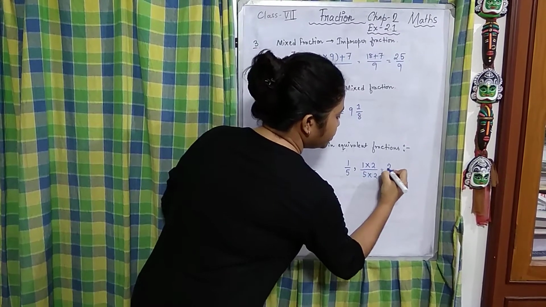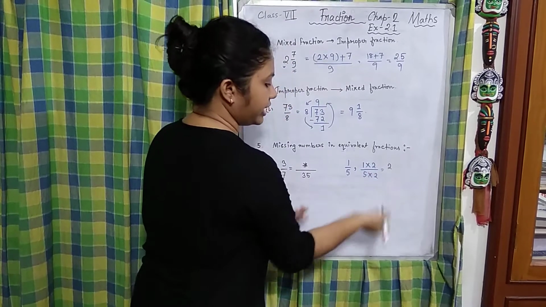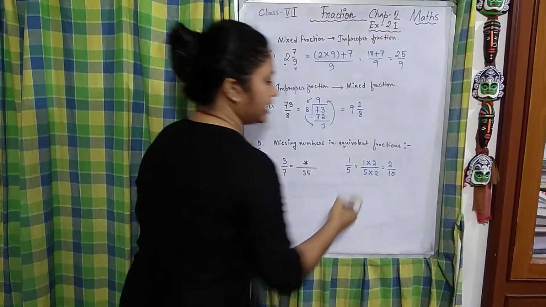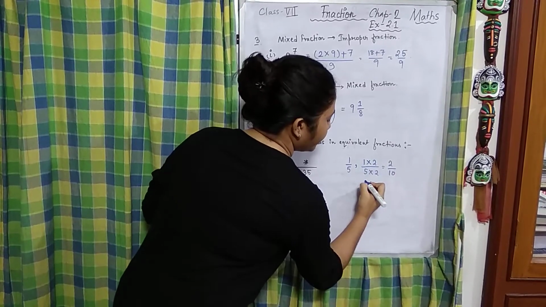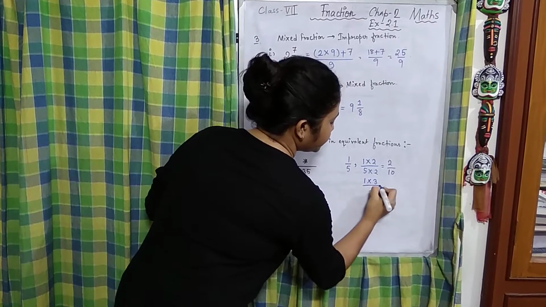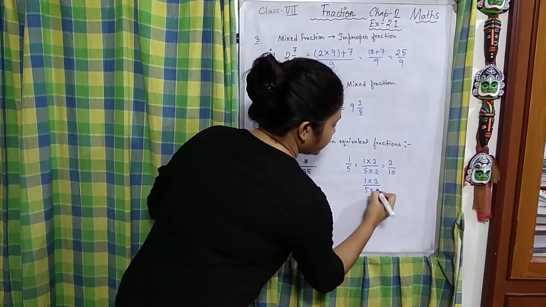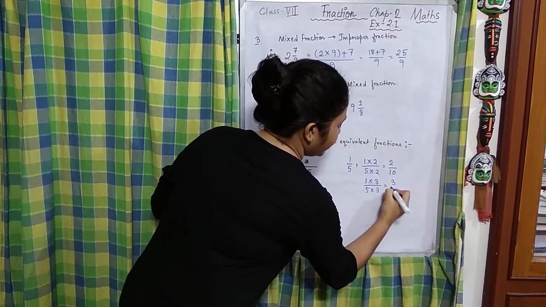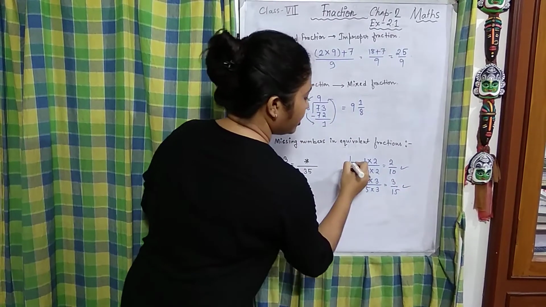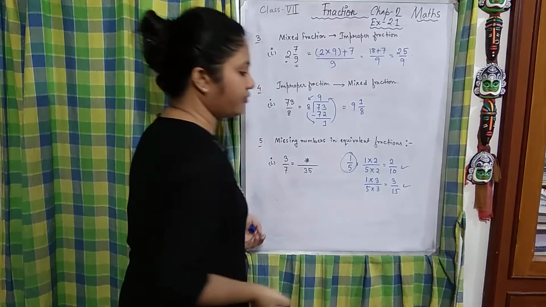Like I have multiplied the numerator and denominator with the same number to give 2 by 10. Again, if you want to find more, multiply with 3. We'll get 3 by 15. All of these, 2 by 10, 3 by 15, are equivalent fractions of 1 by 5.